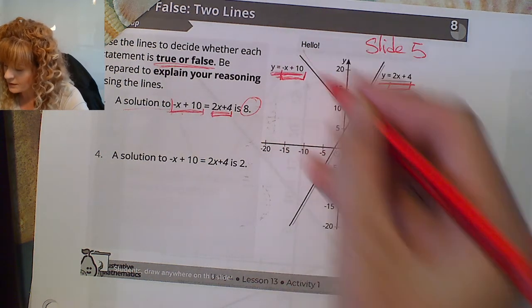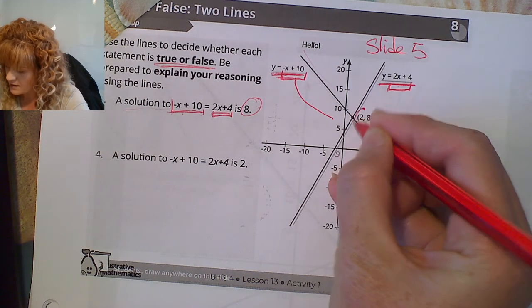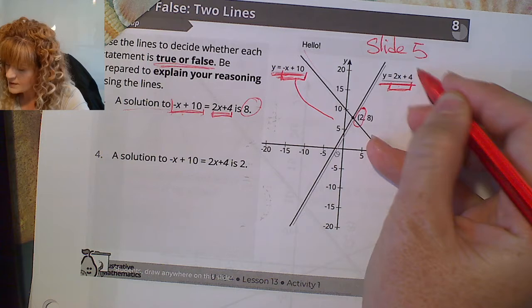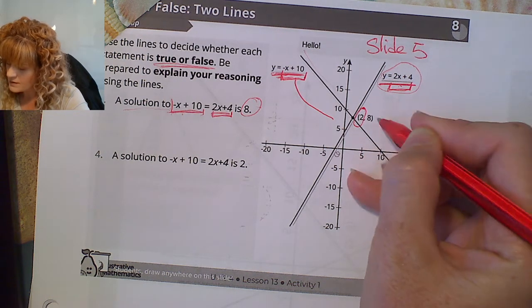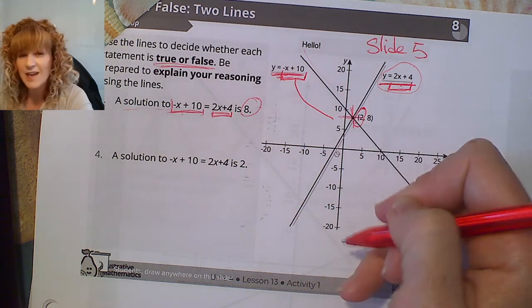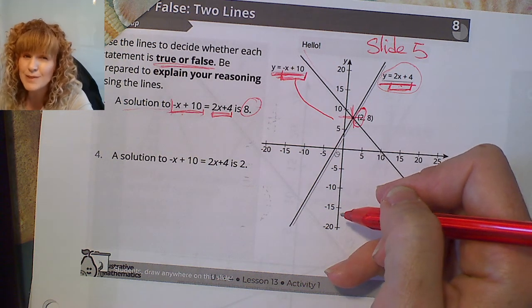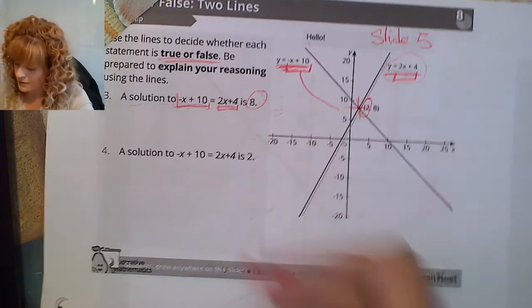Or we could look at the line. So we see that the x value here is 2, and we see that the x value here is 2. So if they're going to have the same x value, it would have to be 2, not 8. But let me check with the math.